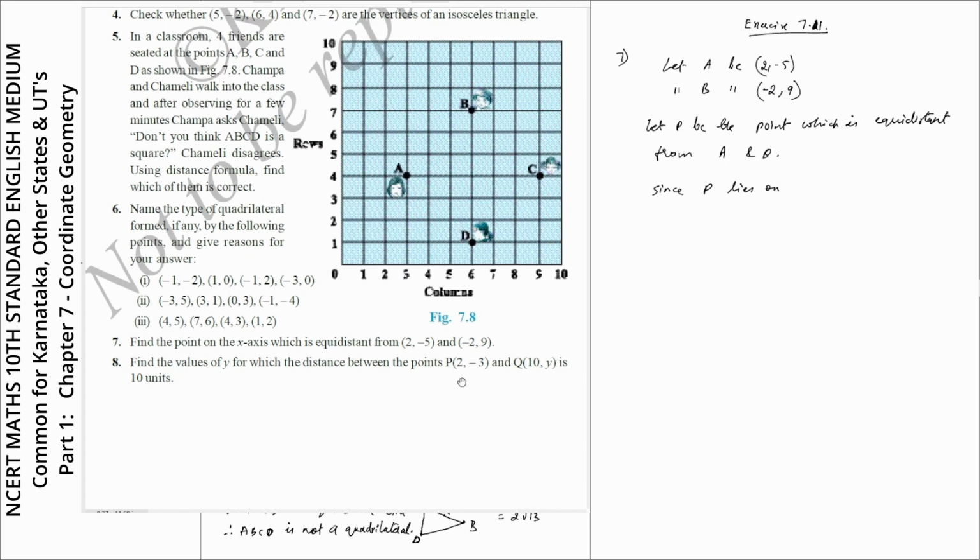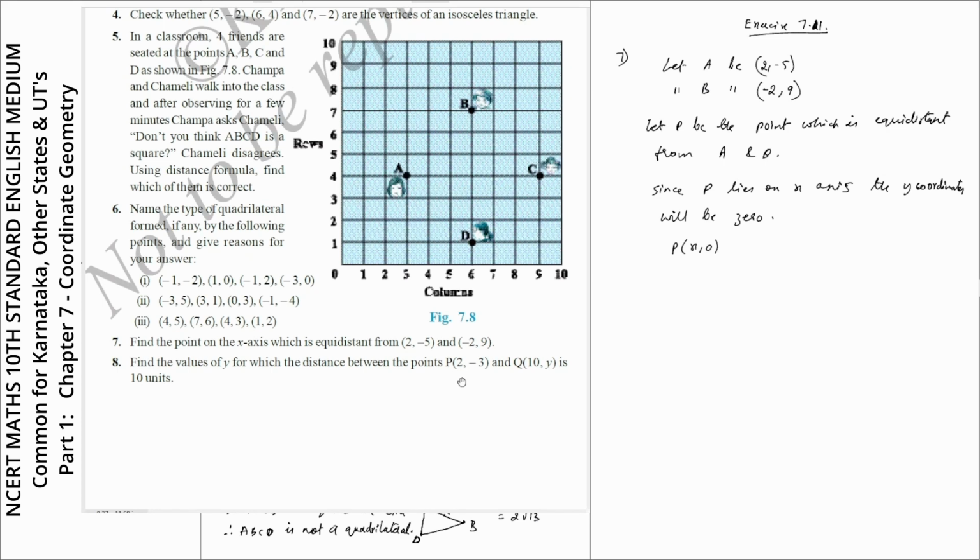Okay, so since P lies on the x-axis, the y coordinate will be 0. That means P(x, 0) is the coordinate of P.